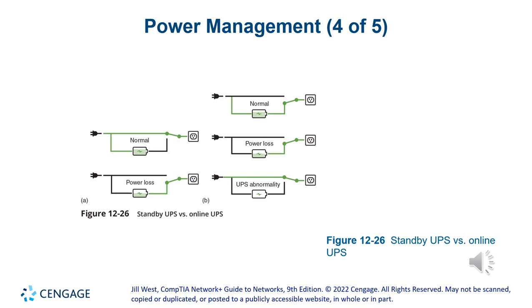The smaller UPSs have 12 volt batteries, like a car battery. You touch the leads and nothing happens. You're not going to feel anything. They're 12 volts and have high current, but not really high current. On the online UPSs, those are larger batteries, 48 volts, with a higher current. So make sure you don't touch those unless you're qualified to touch them.